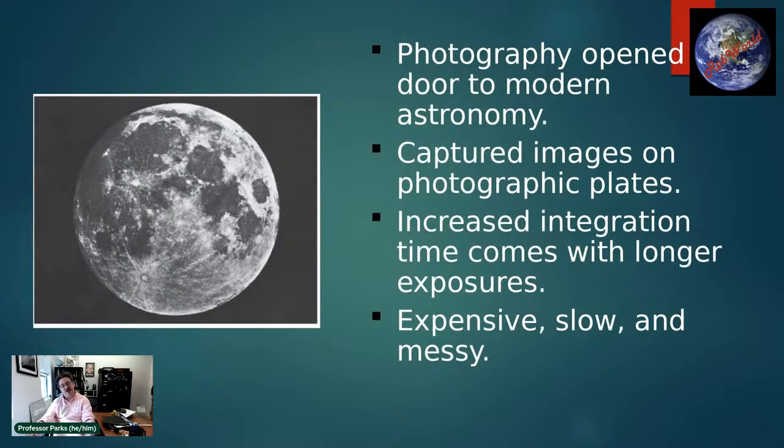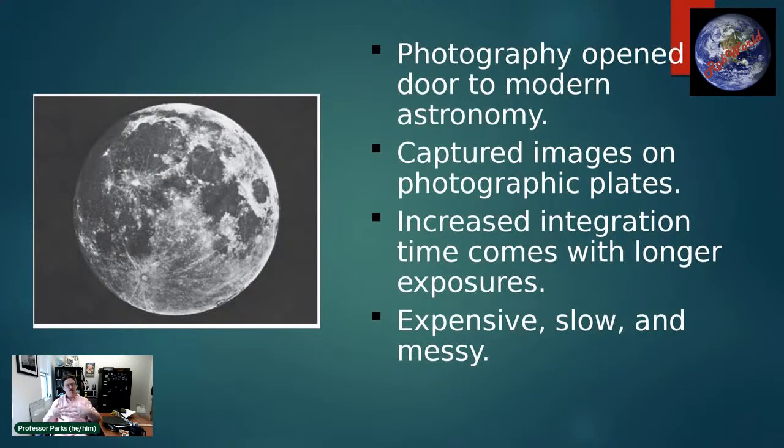As photography advanced, we got up to about 50%. What this means is that you had to integrate over a much longer time frame than we do now, because we aren't capturing light efficiently.